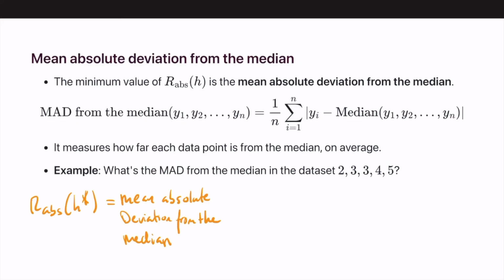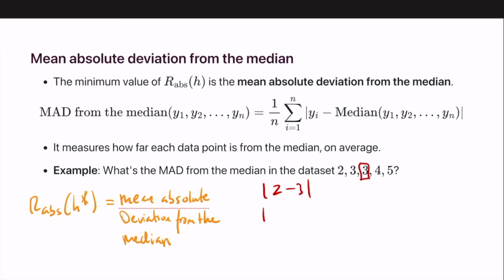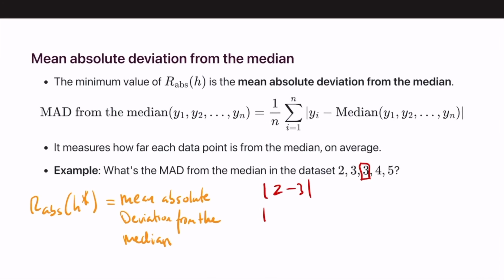So what would an example of that be? If this is our data set right here, and we did these quick calculations: 2 minus 3, and 3 here is of course the median, and 3 minus 3, and 3 minus 3, and 4 minus 3, and 5 minus 3.